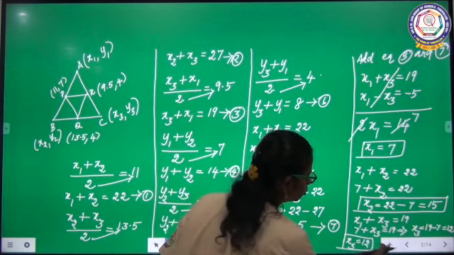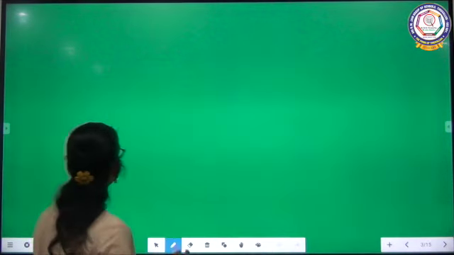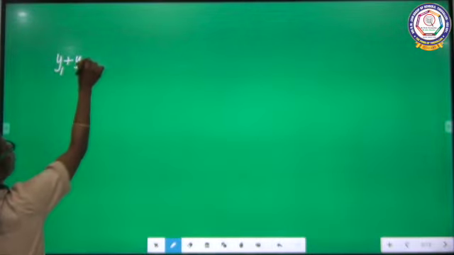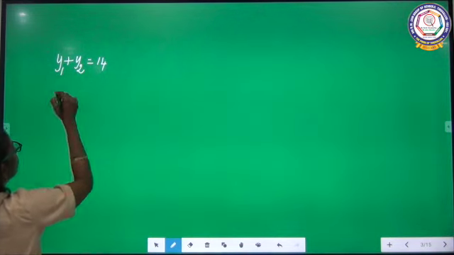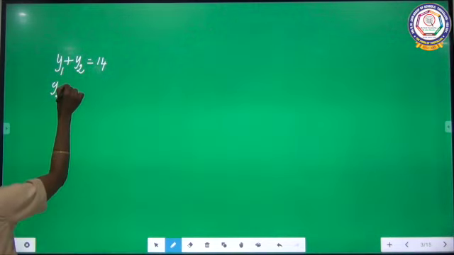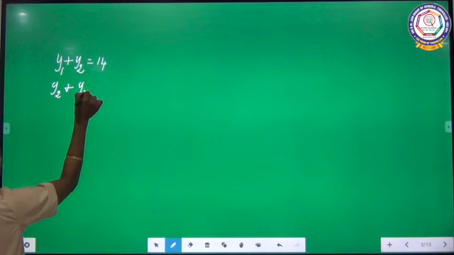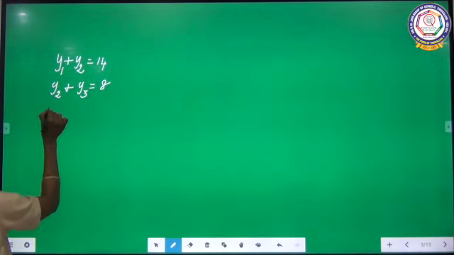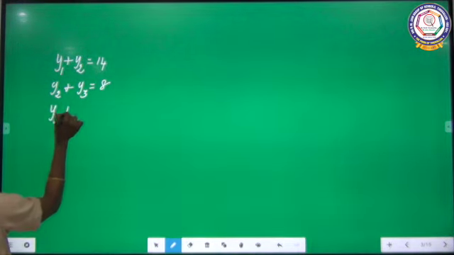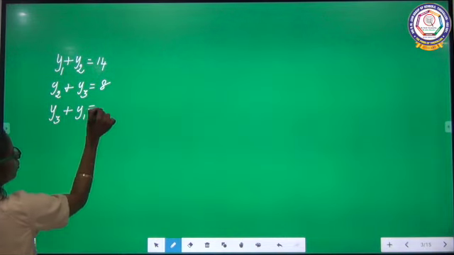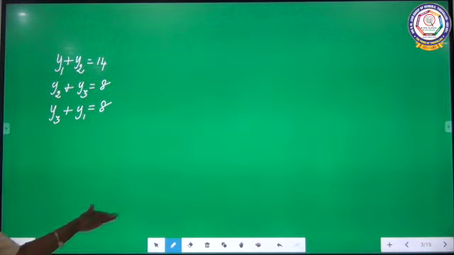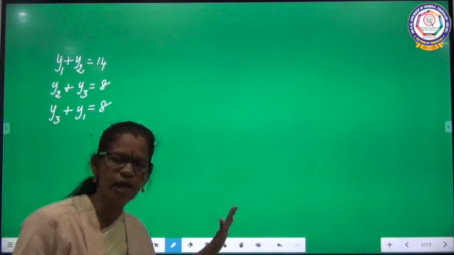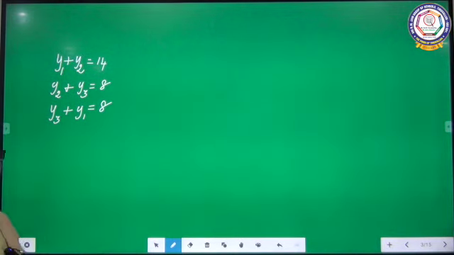Now I am going to move to the next page. y1 plus y2 equal to 14, y2 plus y3 equal to 8, y3 plus y1 equal to 8. The same, what I did in the x, the same way I am going to proceed in the y.